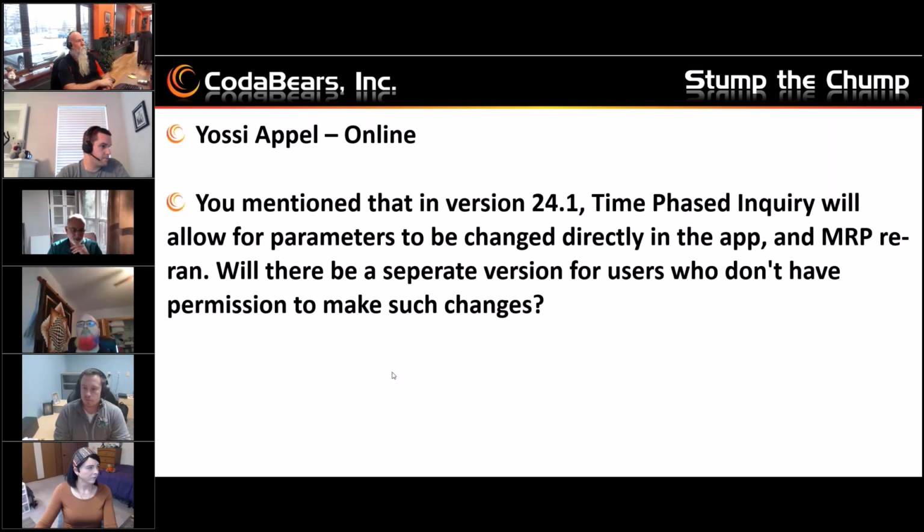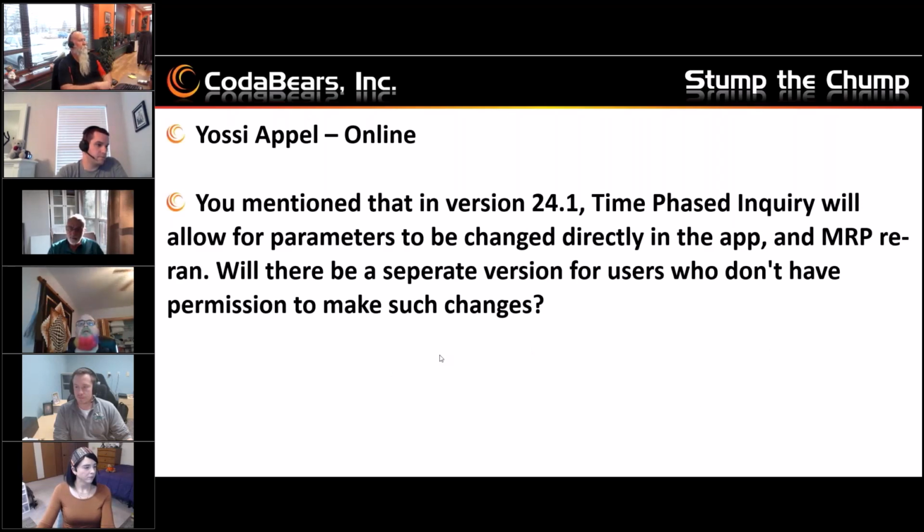The answer though is that typically, and I'm not saying everyone, you go into a company, the people that run time phase also are active doing things. There are some people that you don't want to change parameters, and that's why we're considering security.